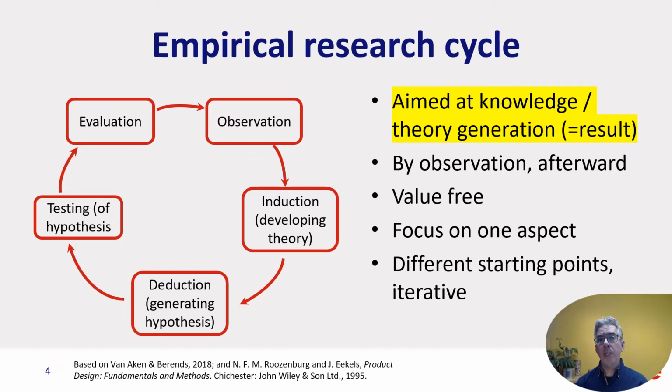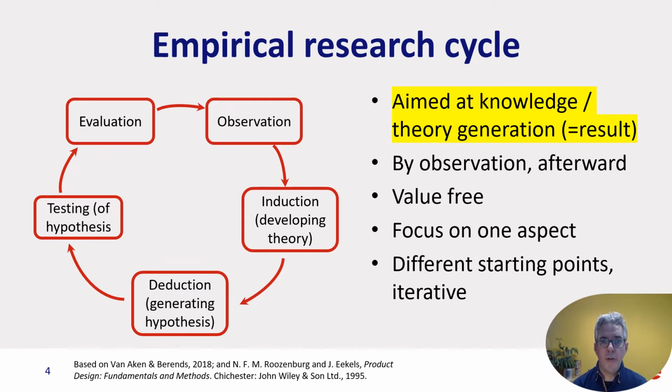So the key focus in the research cycle is at knowledge and theory generation. That's the key result. We do so by observation afterwards. And it tries to be a value-free process. So the observer should not influence the measurements in any way. Often the focus is on a single aspect.